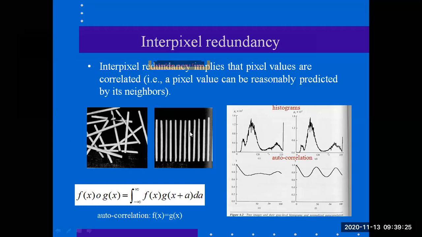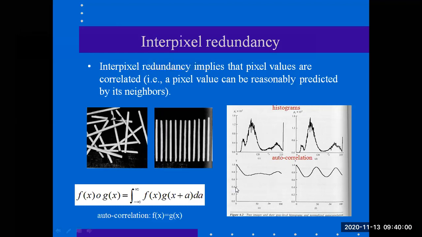In this interpixel redundancy, those pixels having the same intensity values can be eliminated to reduce the size of your image. Here, if we observe histogram values before and after compression, there are two images and their grayscale histograms and normalized autocorrelations like this.